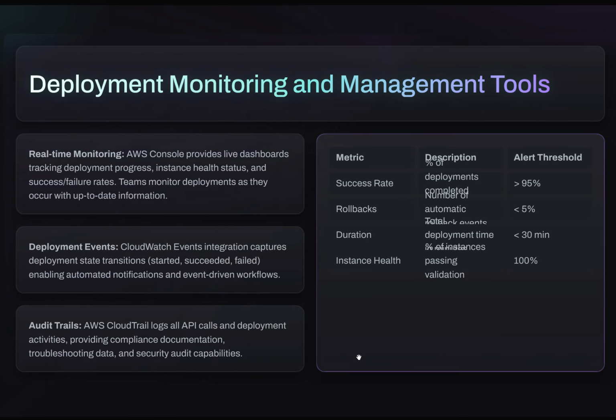The other important thing is deployment monitoring and management tools. You can monitor and manage your deployment using dashboards, right? You can get the health status and the failure rate, CloudWatch Events integration, and then an audit trail, where AWS CloudTrail logs all API calls and deployment activities.